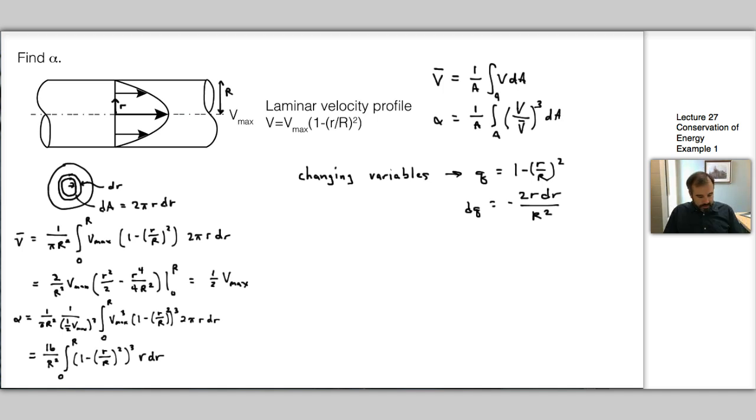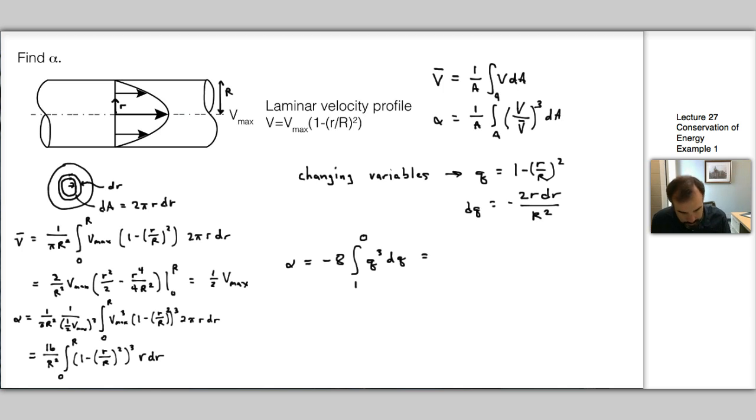So we're going to plug that in, and we get alpha is equal to negative 8 times the integral from 1 to 0, and that just is because of how we define q. So at r equal to 0, q is equal to 1, and at r equal to capital R, q is 0. So now we're going to integrate from 1 to 0 in our new variable q of q cubed dq.